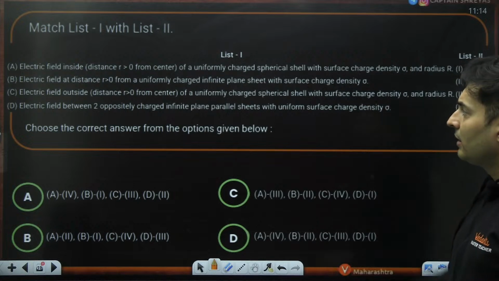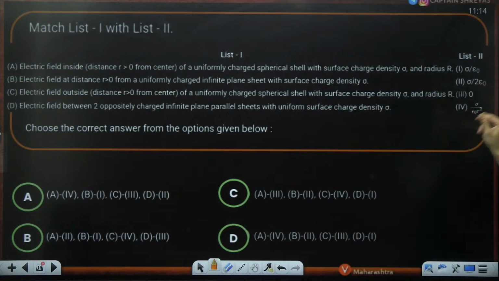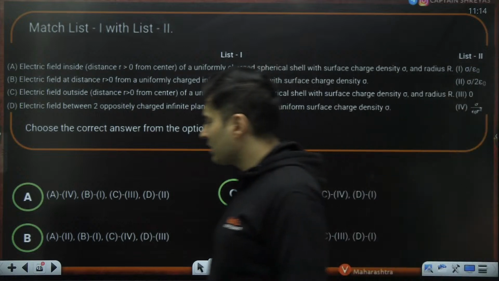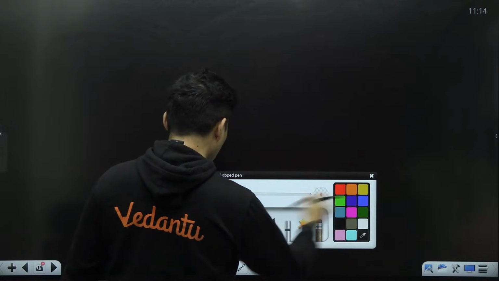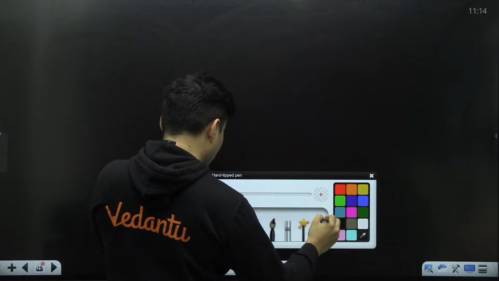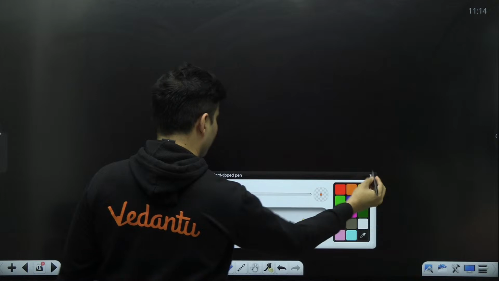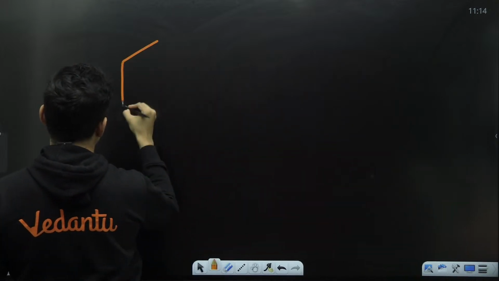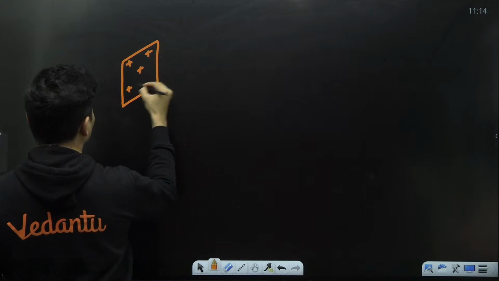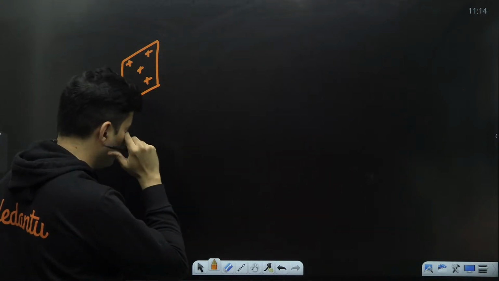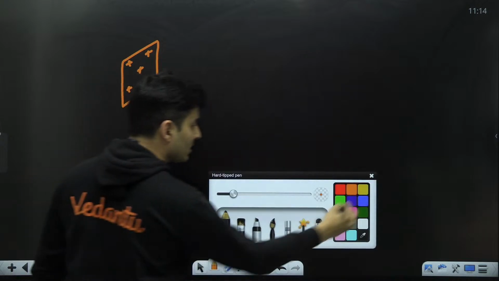Oh, the sheet is also there, so let me complete that part as well. This is only there for electrostatics, because masses are not present in the form of a sheet, so that formula you don't study.